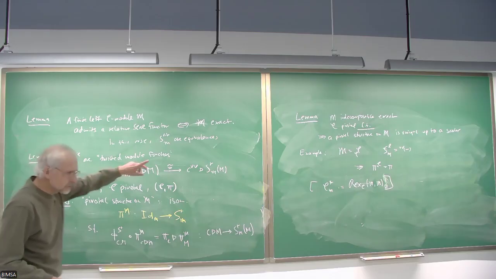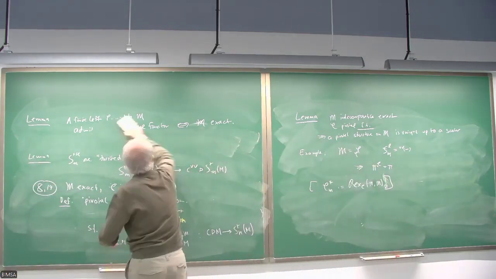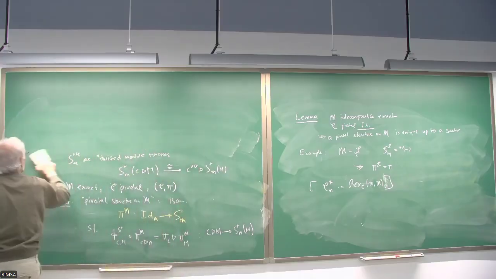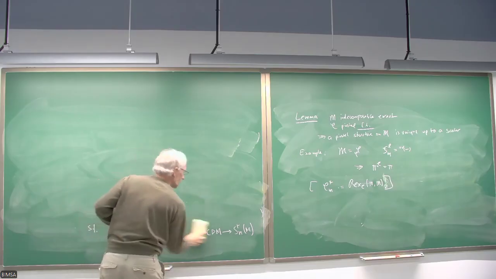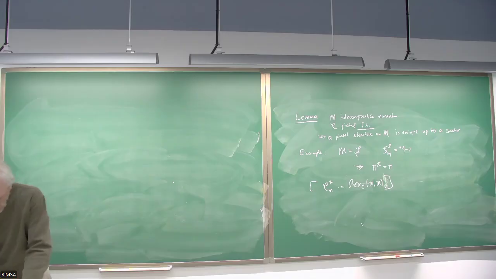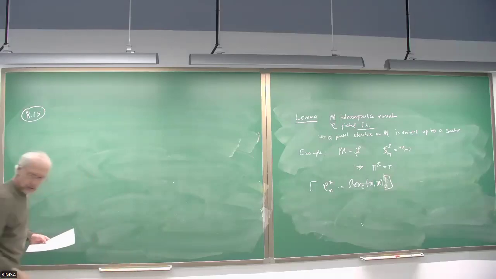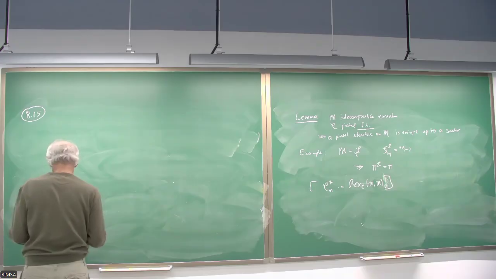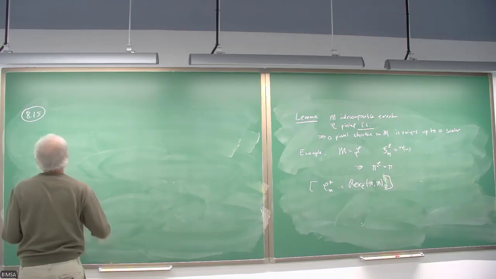Now, once you have such a pivotal structure, then you can define what Shimizu calls an internal trace. Schaumann called it something else. So again, M is exact.